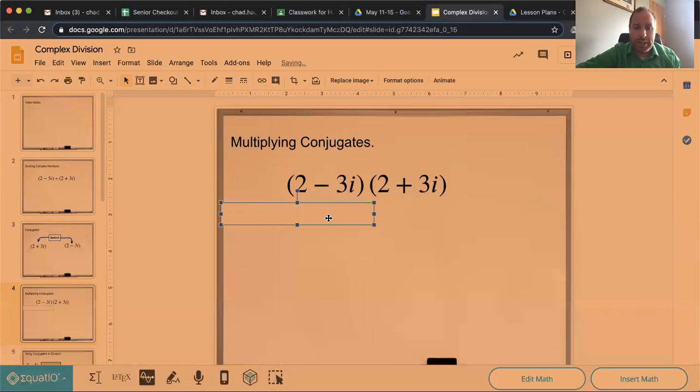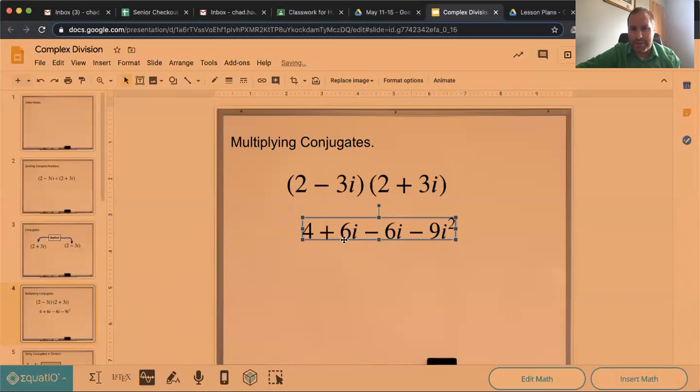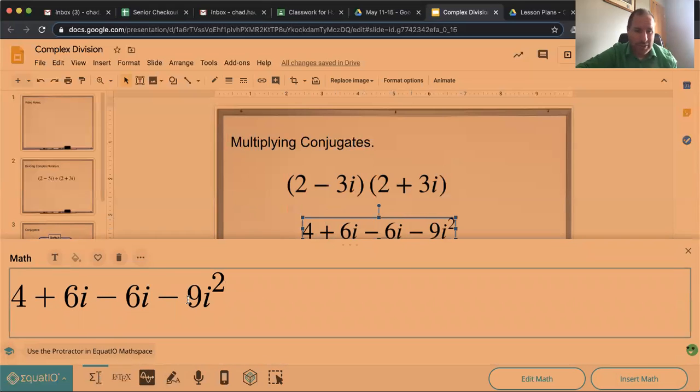And so once we put that in, now we can go ahead and simplify this stuff a little bit. We can notice two things are going to happen. Number one, this is a positive 6i and a negative 6i. This should always happen when you multiply times a conjugate. All that stuff should go away. And then the second thing is we should say, hey, i squared, I remember that from last week, i squared is negative 1.